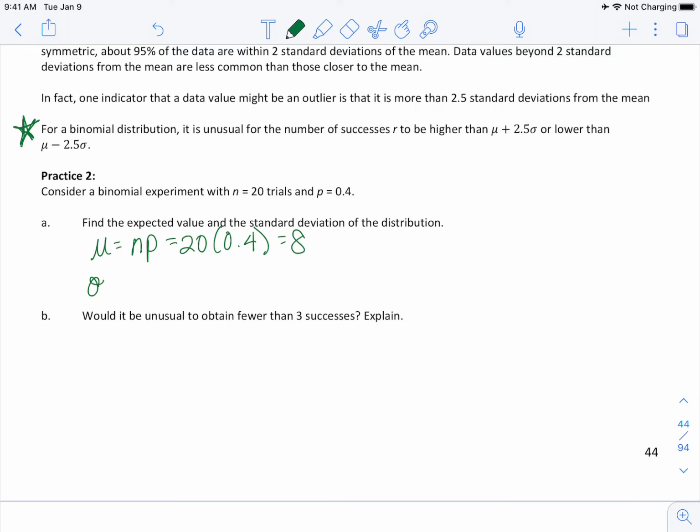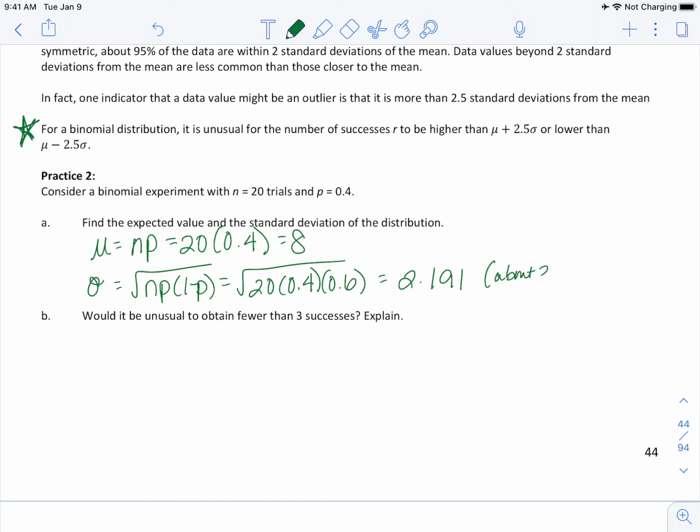Our sigma is going to be the square root of n times p times 1 minus p. So this is the square root of 20 times 0.4 times 0.6. And so this is going to give us 2.191, or this is about 2.